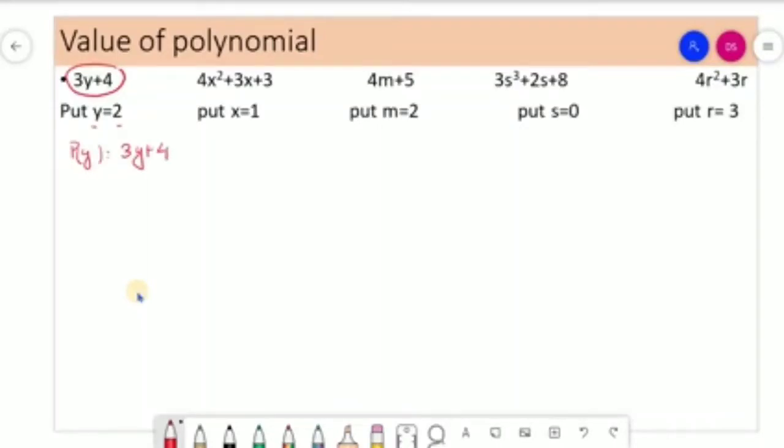Now, in order to put the value 2 instead of y, the naming changes like this: P(2), and now this y is converted to 2. Now the value will be 6 plus 4 and the result is 10.